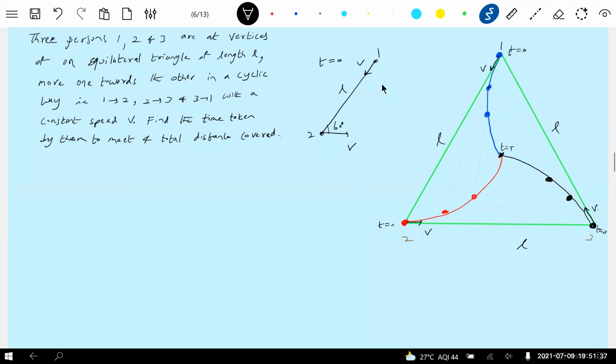And finally they'll meet here. This is at t equal to 0. After some time t, they'll be here. So for your benefit again, I'm just showing the path. It will be like this.